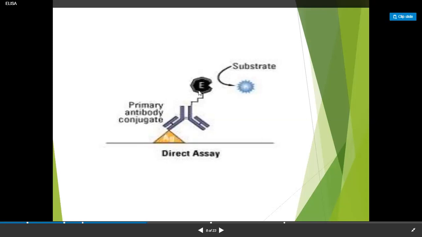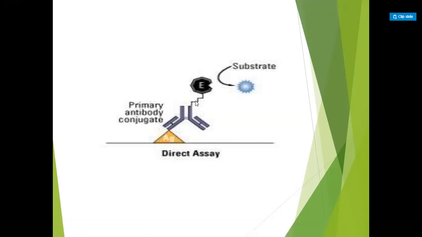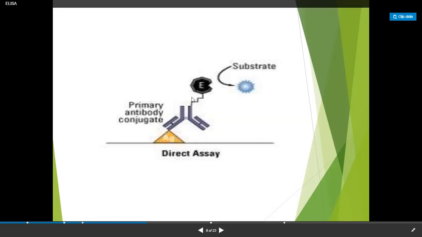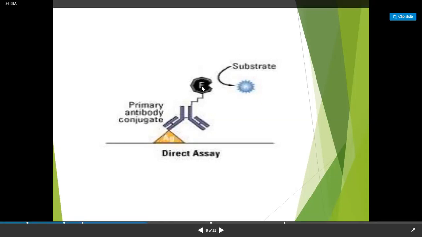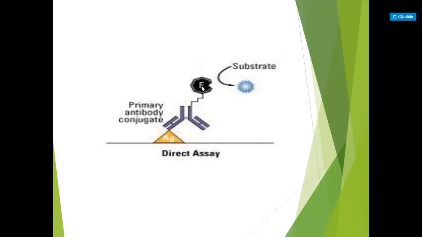When this substrate binds to the antigen antibody complex, the color formed by the binding of the substrate indicates that the antigen and antibody have bound, and the patient has a particular kind of disease.